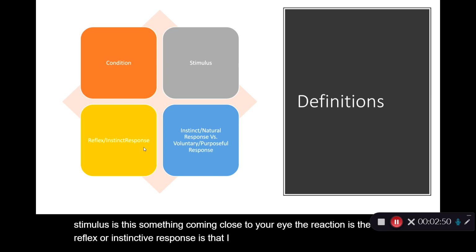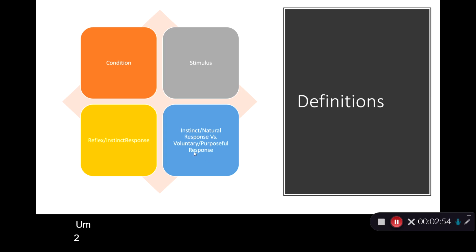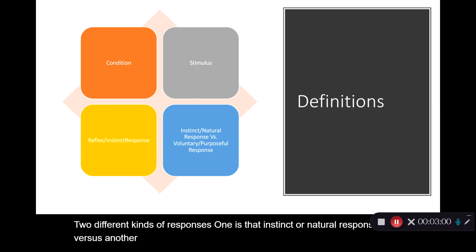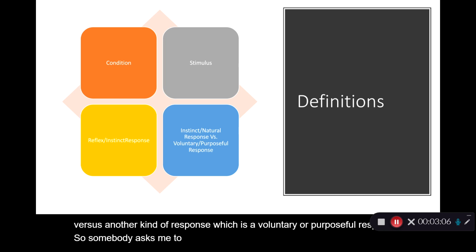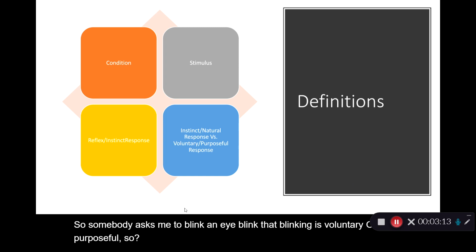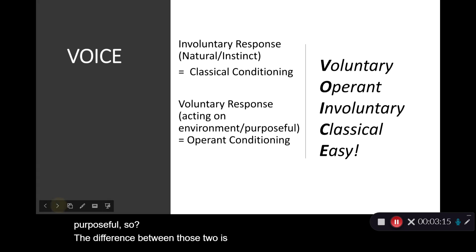So there are two different kinds of responses. One is that instinct or natural response versus another kind of response, which is a voluntary or purposeful response. So if somebody asks me to blink and I blink, that blinking is voluntary, or purposeful. The difference between those two is important going forward.